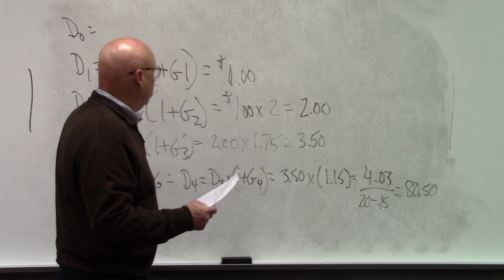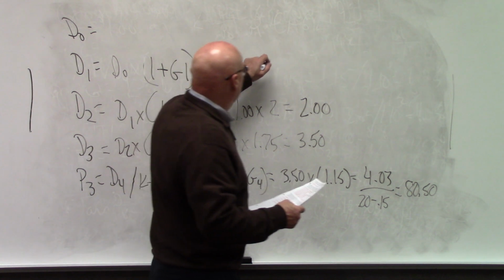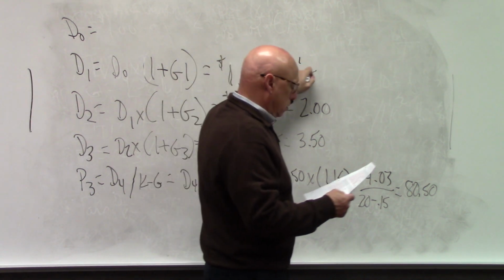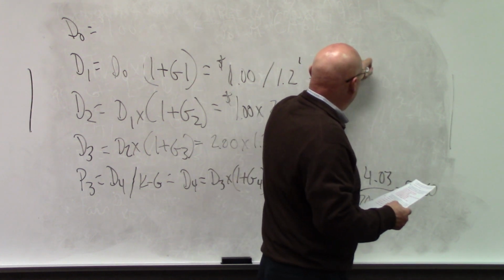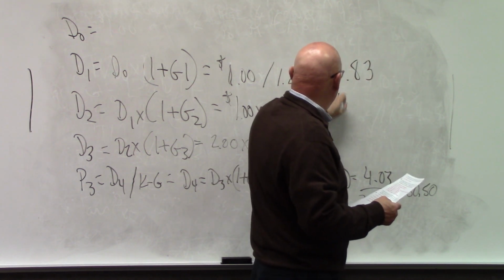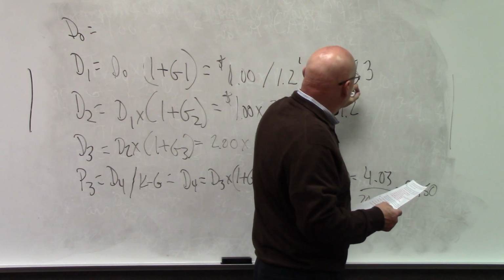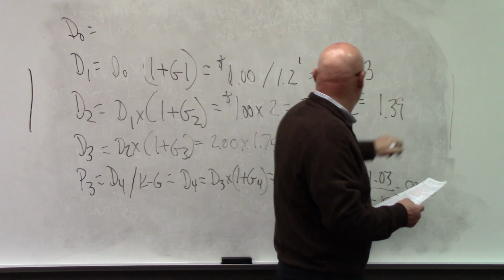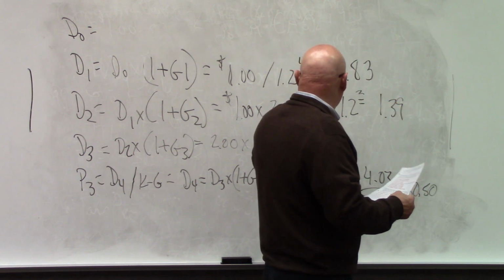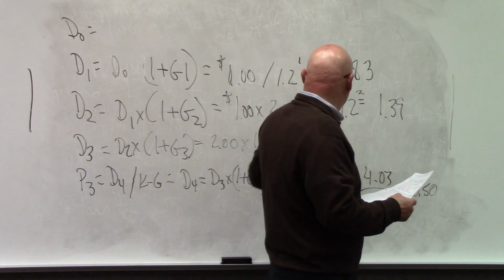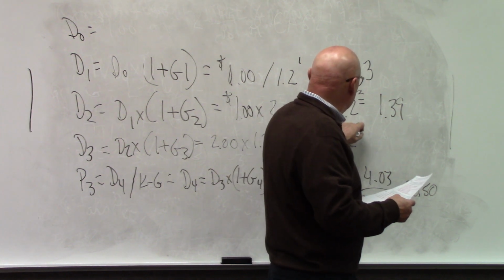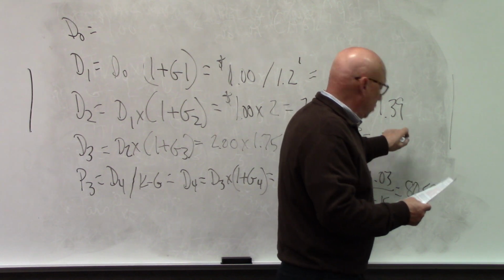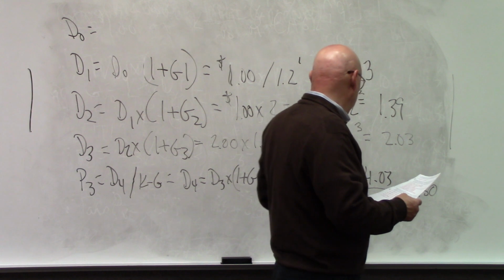Now let's find the present value of each of these. $1 divided by 1.2, which is 1 plus K to the first, is 0.83, and $2 divided by 1 plus K to the second is $1.39, and the present value of D3 is 3.50 divided by 1 plus K to the third. That happens in the third year, and that's $2.03. We're rounding a little bit.